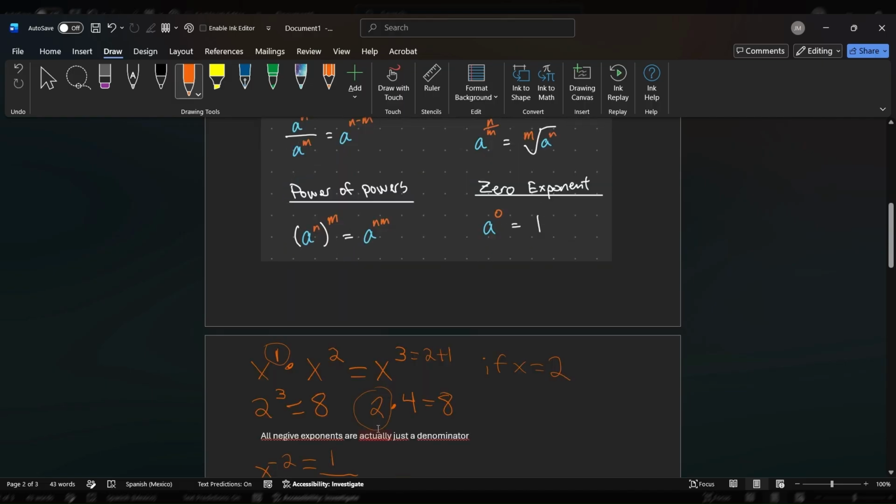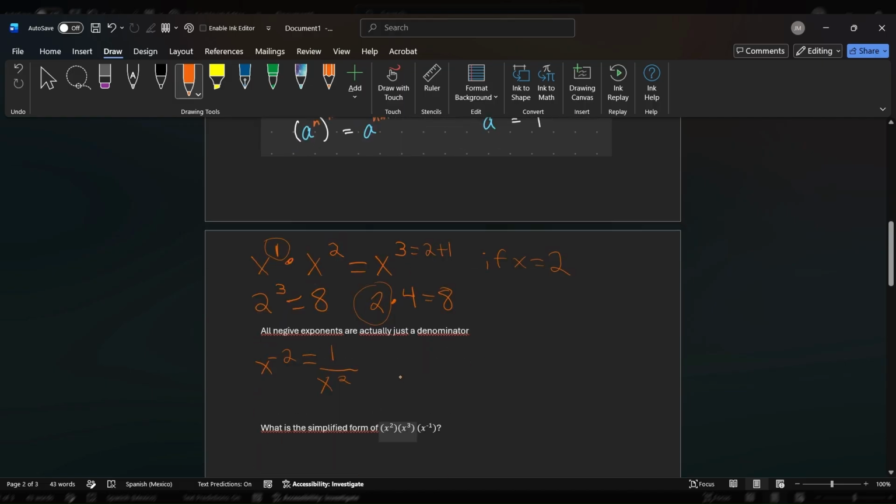So if we were to have x to the 3 minus 1, that should give you how much? x squared.